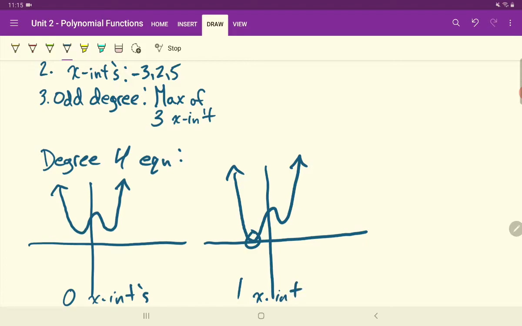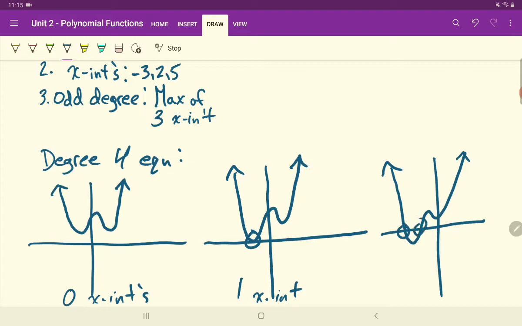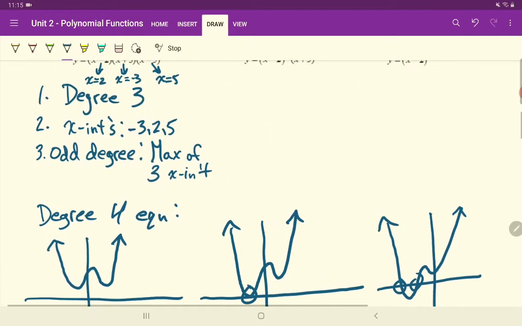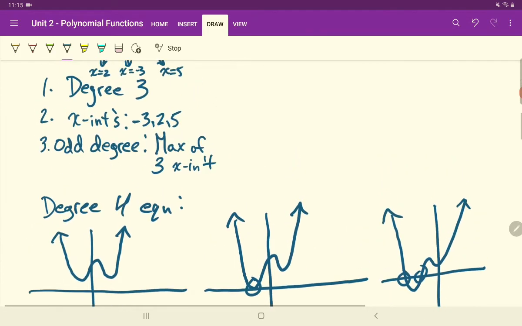Okay, what else is possible? Can you have 2 x-intercepts? Definitely, you can have 2. Okay, and running a little bit out of space there. Can we have 3?